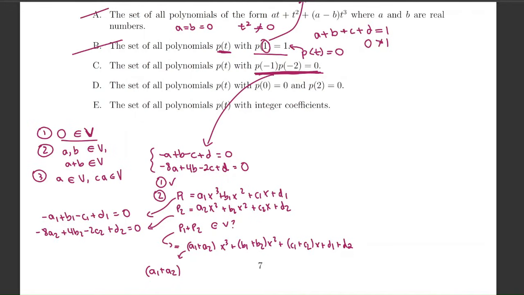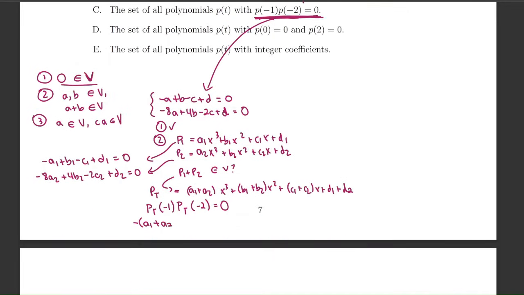So I'm going to call this pt, so p total. We're trying to check if pt(-1) times pt(-2) is equal to 0. The way we do that is we literally plug this into the expression. So we get negative (a1 plus a2) plus (b1 plus b2) minus (c1 plus c2) plus (d1 plus d2).